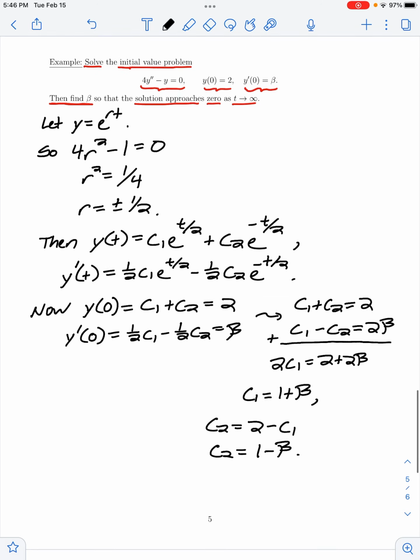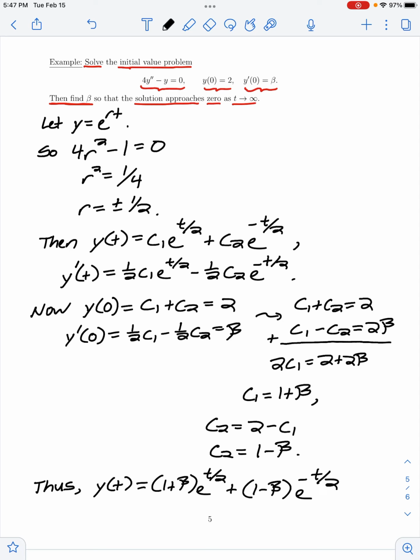So once I have my c1 and c2 expressions, I can substitute them back into the general solution, and we find that y of t is c1, which is 1 plus beta, times e to the positive t over 2, plus c2, which is 1 minus beta, times e to the negative t over 2.